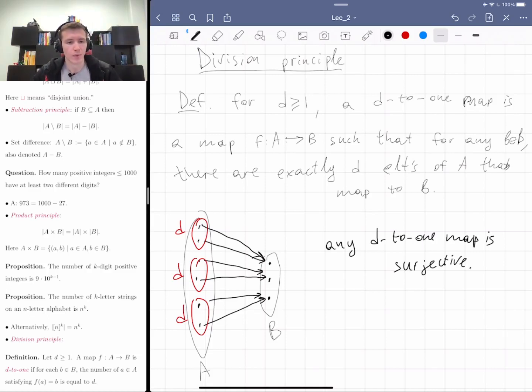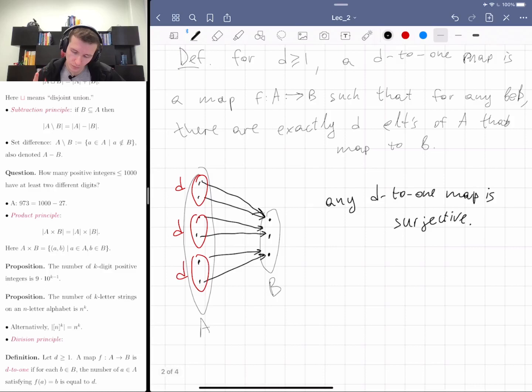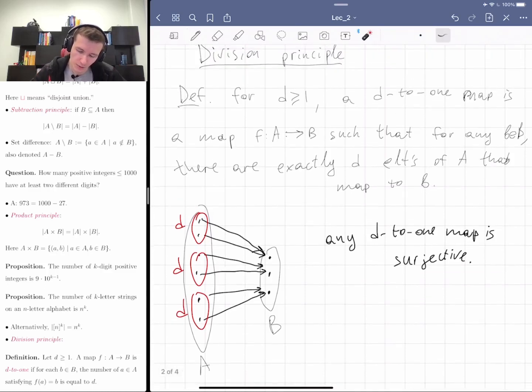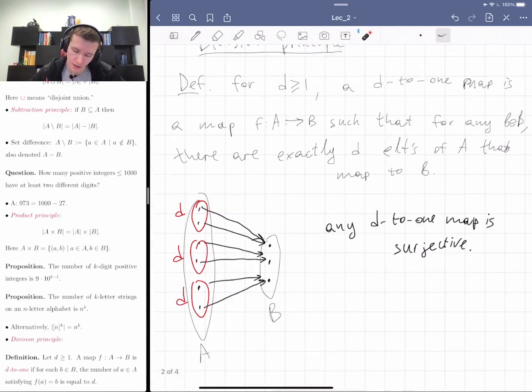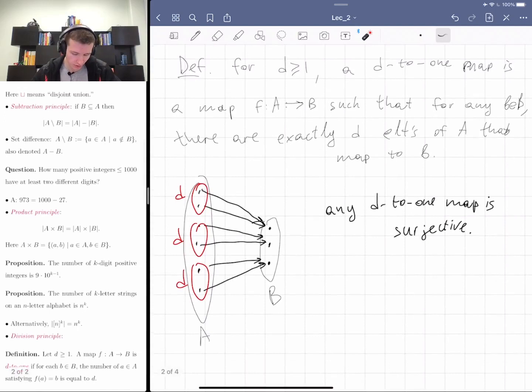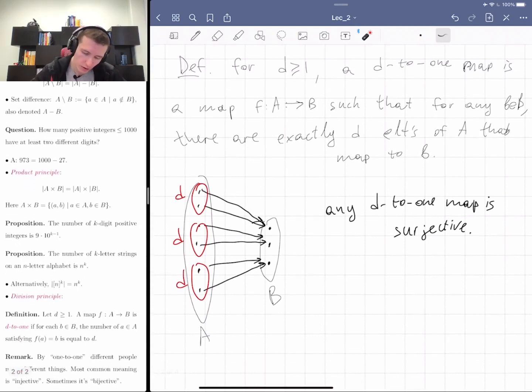All right. I have to give you a warning, because the warning comes when d is actually equal to 1. When d is equal to 1, notations and conventions differ.